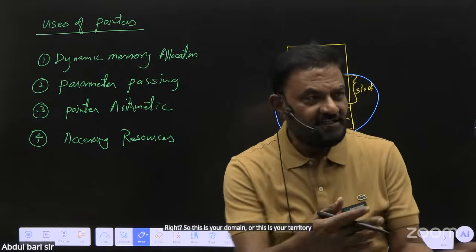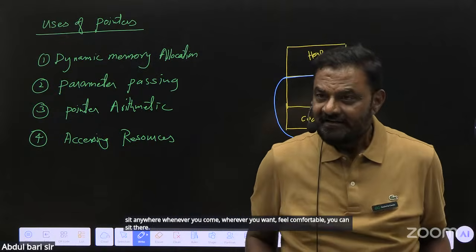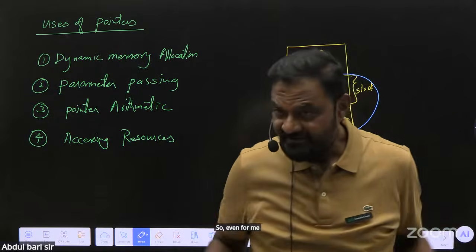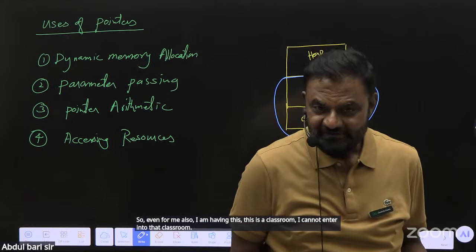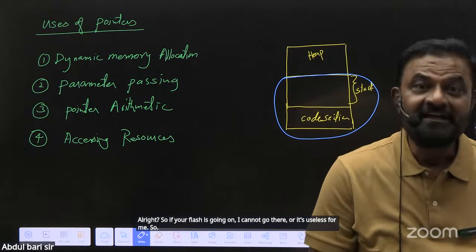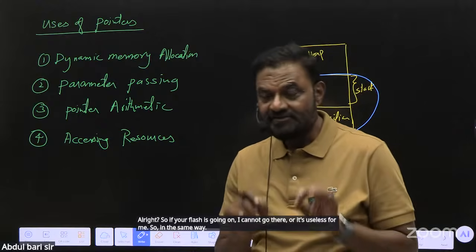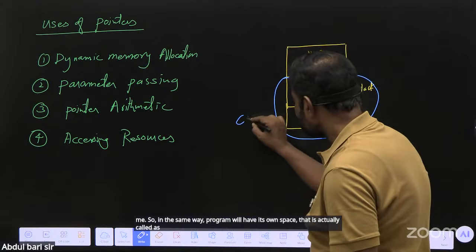You can sit anywhere whenever you come, wherever you feel comfortable. Even for me also, I have this territory. This is a classroom. I cannot enter into that classroom. If its class is going on, I cannot go there, or it's useless for me. So in the same way, a program will have its own space that is actually called context.